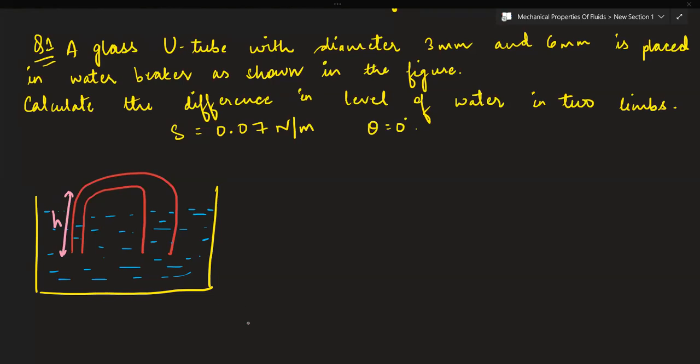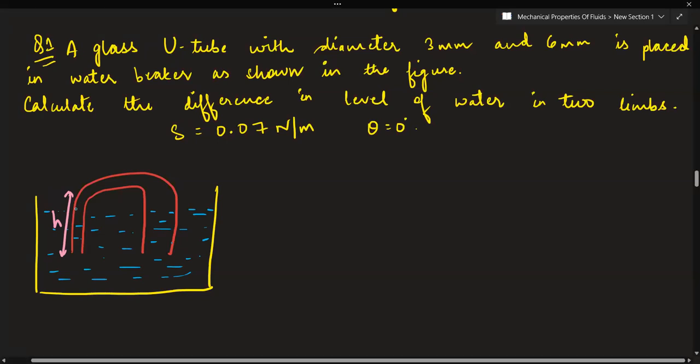If this is the height of the water column in the narrower tube, the water level is still here, this is the height of it.